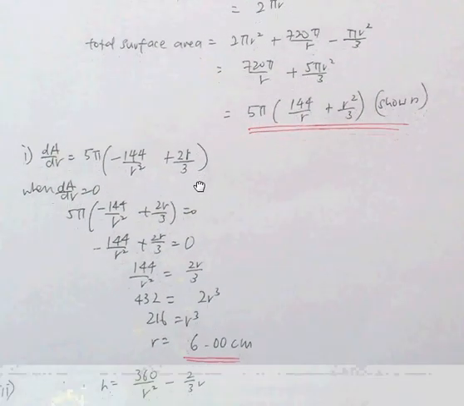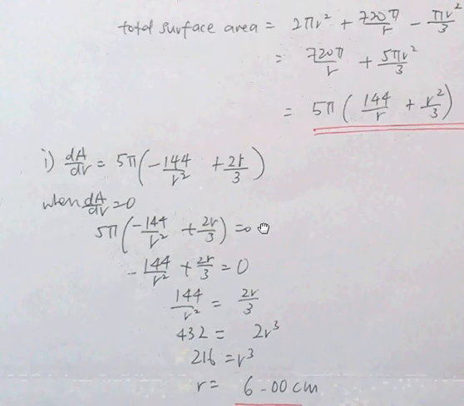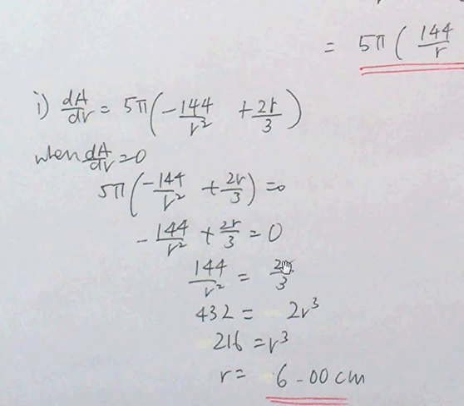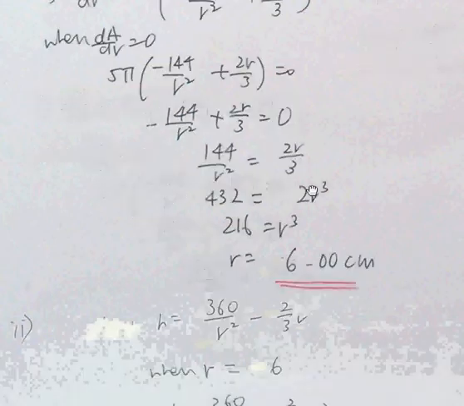So we equate dA over dr equals 0. So 5 pi times (negative 144 over r squared plus 2r over 3) equals 0. So negative 144 over r squared plus 2r over 3 equals 0. So 144 over r squared equals 2r over 3. We cross multiply. 432 equals 2r cubed. 216 equals r cubed. r equals 6 cm.